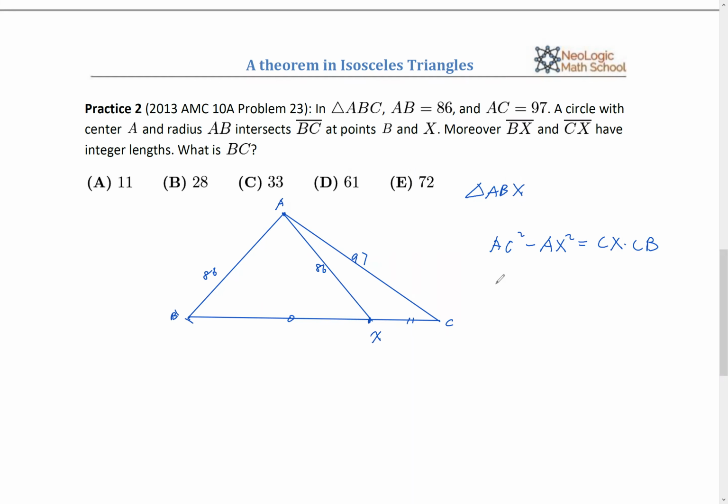Now what's next? 97 squared minus 86 squared equals CX times CB. And that is 97 minus 86. You're not gonna really calculate the square, right? You're gonna use the difference of squares formula.